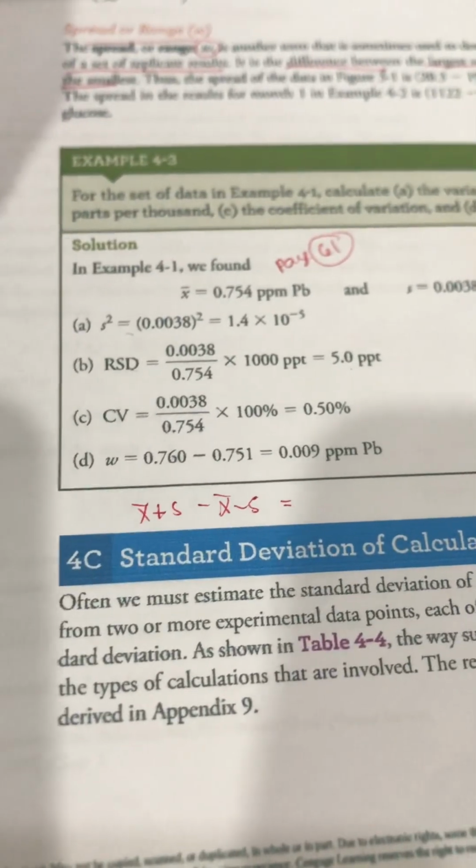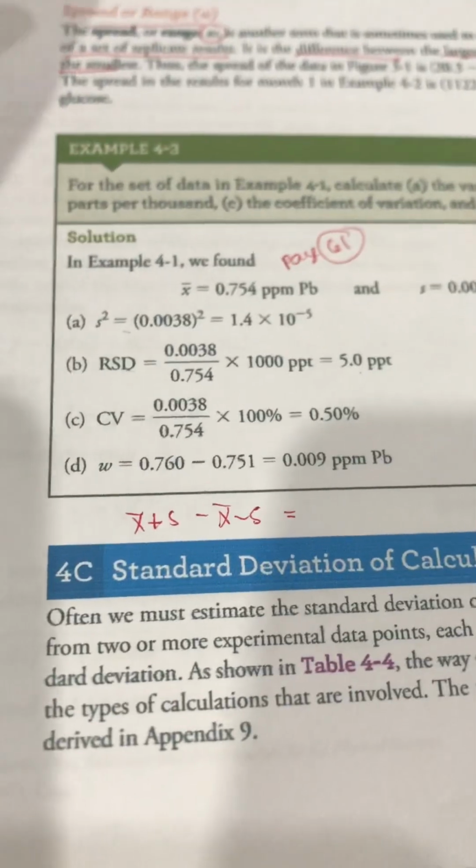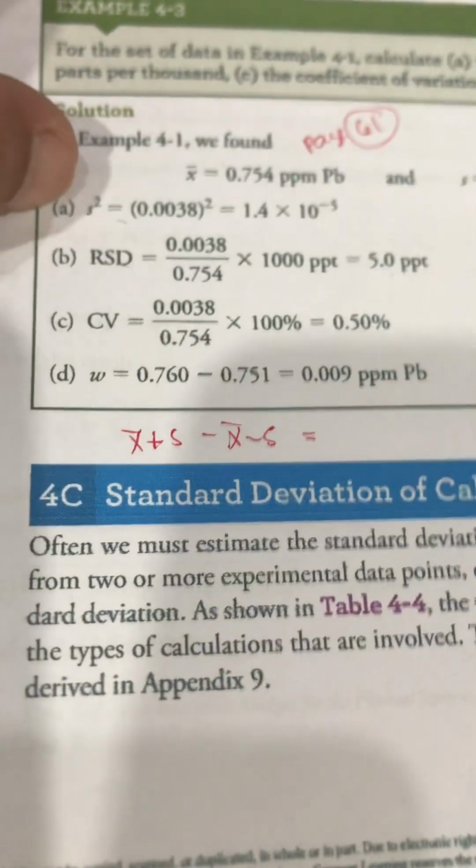And this is also how you get the variance. Our variance has this symbol, S squared.